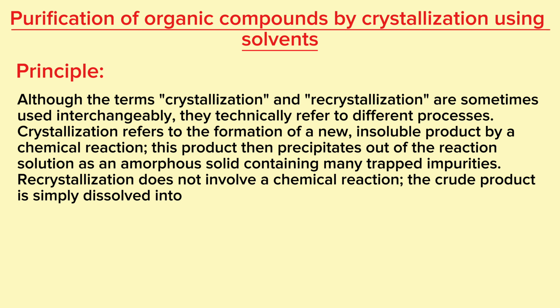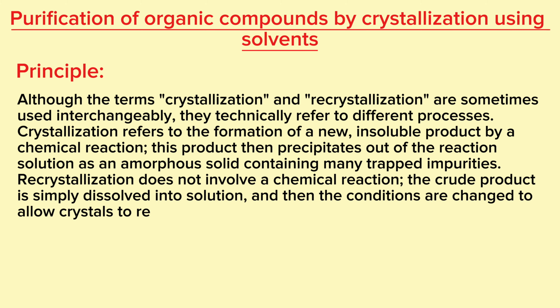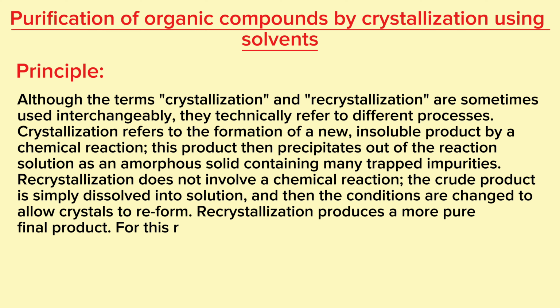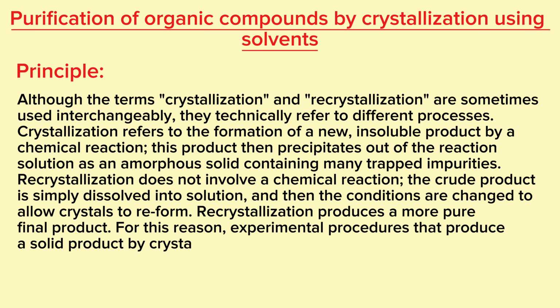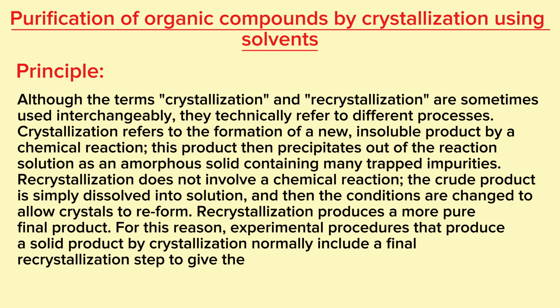Recrystallization does not involve a chemical reaction. The crude product is simply dissolved into solution, and then the conditions are changed to allow crystals to reform. Recrystallization produces a more pure final product. For this reason, experimental procedures that produce a solid product by crystallization normally include a final recrystallization step to give the pure compound.